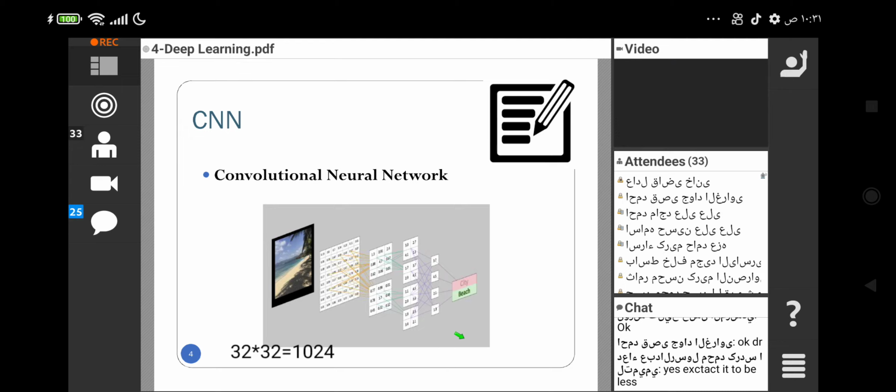This is feature extraction. This is an image with many pixels, and then we have converted it to this.